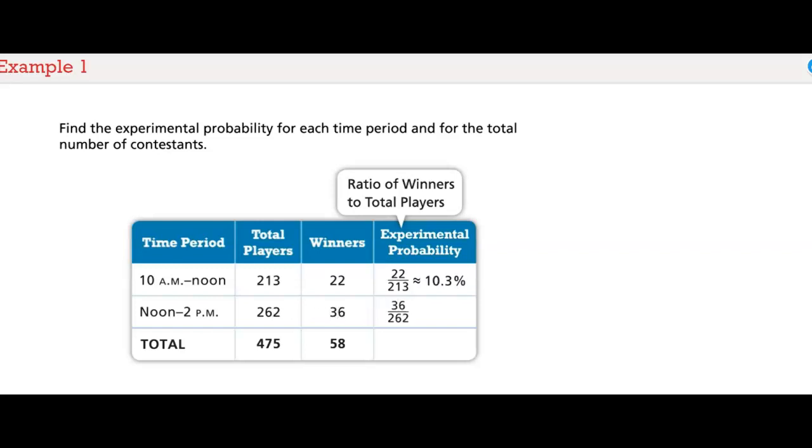The experimental probability from noon to 2 is about 13 7/10%. So the experimental probability for the entire day will be between 10 3/10 and 13 7/10. For the total number of contestants, the experimental probability is 58 over 475, or about 12 2/10%.